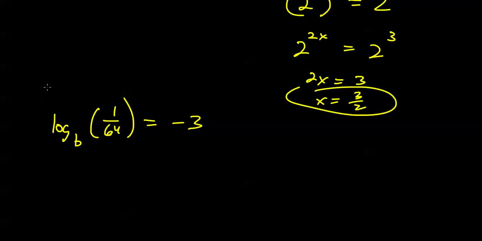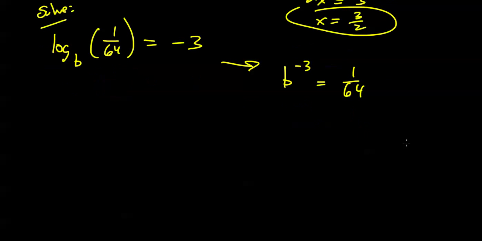If we are asked to solve this equation, you're really asking what is the solution when b to the minus 3 power equals 1/64. What's b? I'm hoping you recognize the answer as 4, because 4 to the minus 3 power is 1/64.